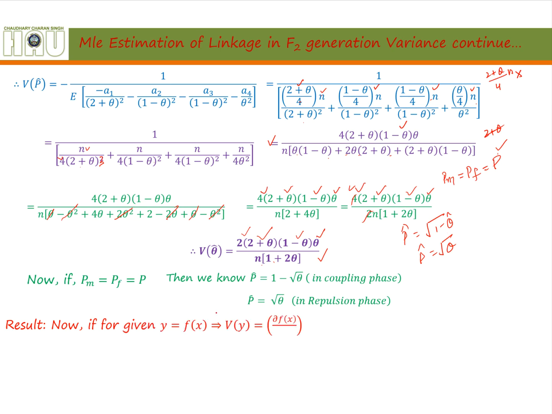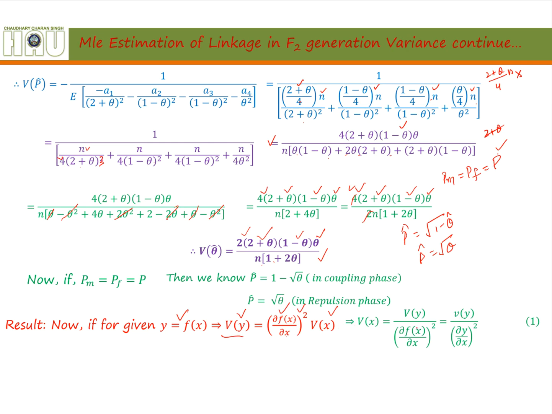If for a given y equal to f(x) is any relation, then the variance of y can be obtained as equal to (∂f(x)/∂x) whole square into the variance of x. Now from this you can find the variance of x: you just substitute the variance of y and divide it by this thing.